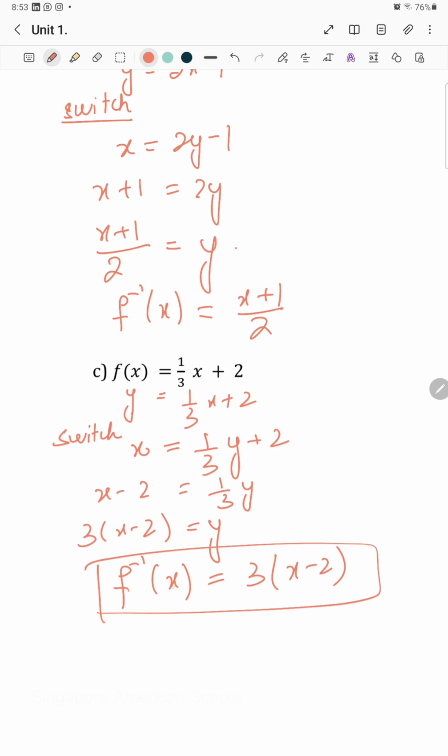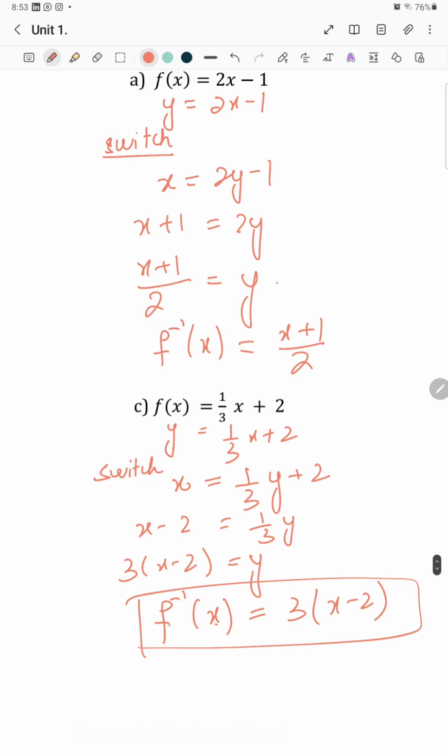Now why am I writing f inverse of x over here instead of y? Because I'm just solving it here. We're writing f of x is equal to y, so x is going to be equal to f inverse.